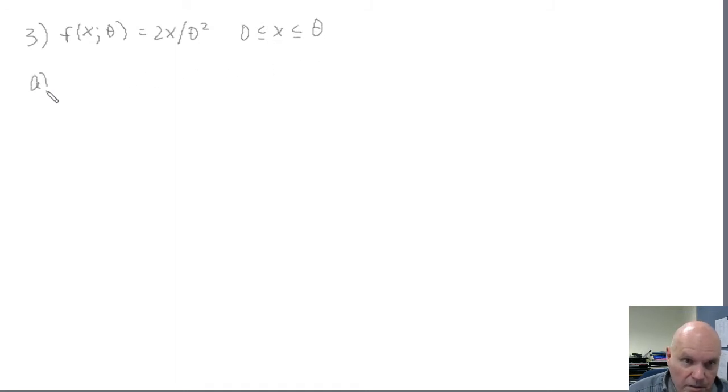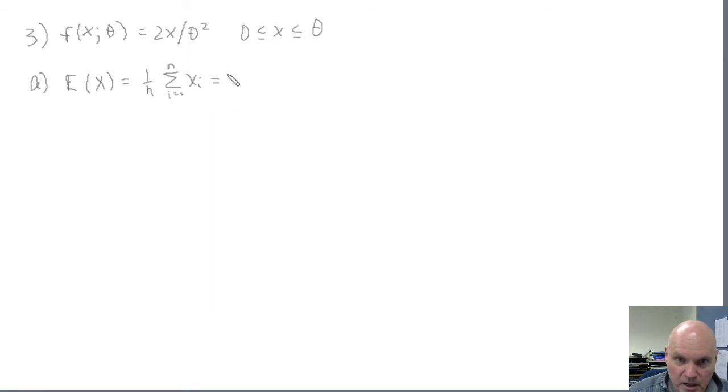So in the method of moments, since there's only one unknown parameter, we set the first population moment, which is E of X, (the second population moment would be E of X squared), equal to the first sample moment, 1/n times the sum of the xi.